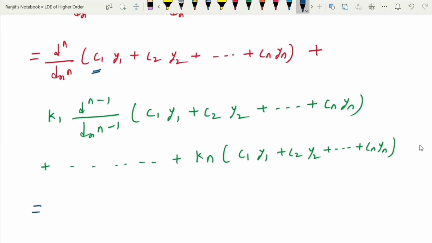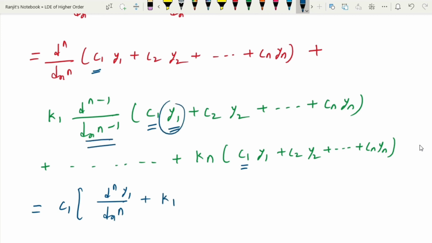Now this c1 is the common term: c1 times (d^n y1/dx^n + k1 d^(n-1) y1/dx^(n-1) + and so on, plus kn times y1).